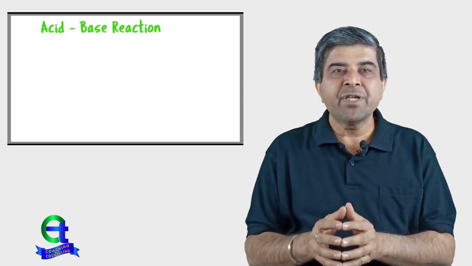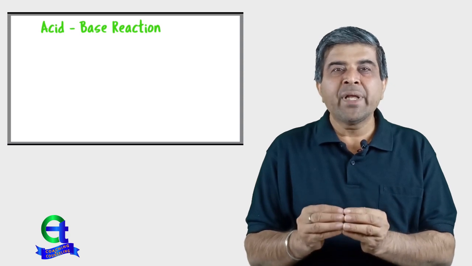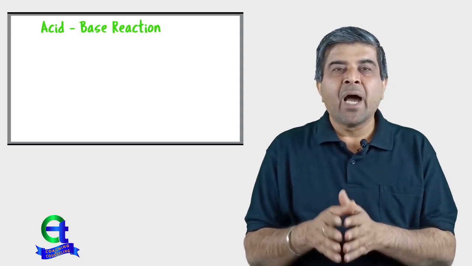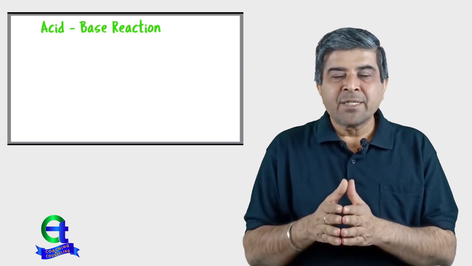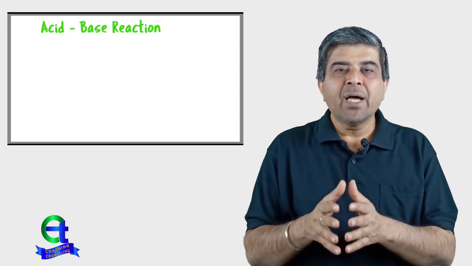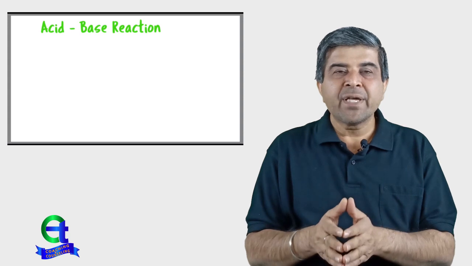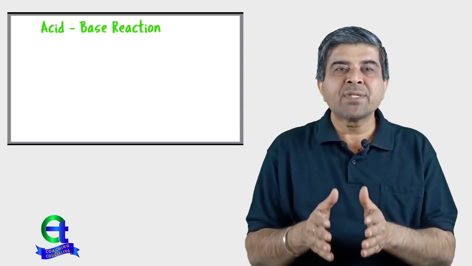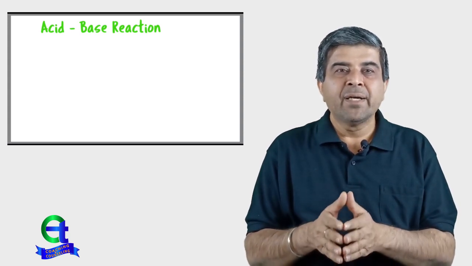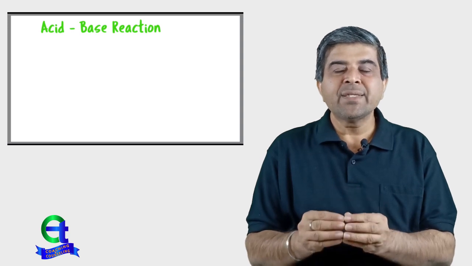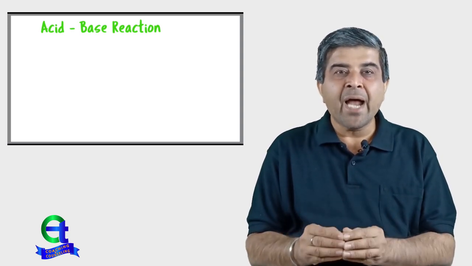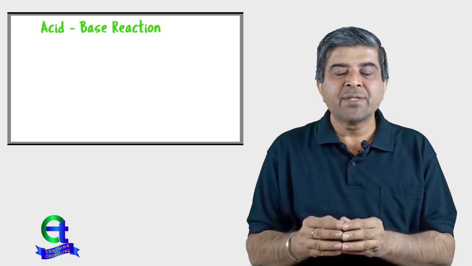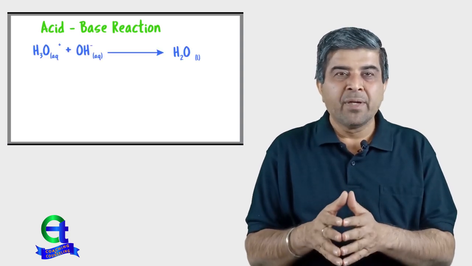An illustration would be hydrochloric acid donates hydronium ions in aqueous state. Similarly, caustic soda donates hydroxide ions in aqueous or molten state. Thus, in a neutralization reaction, hydronium ions react with hydroxide ions to form water.